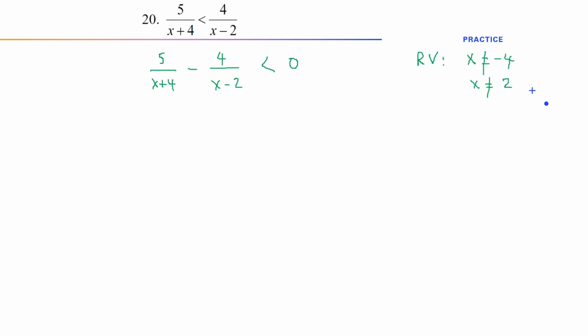Now we can find the common denominator. We see that we have two factors, x plus 4 and x minus 2. So we have 5 times x minus 2 minus 4 times x plus 4, all over x plus 4 times x minus 2, less than 0.